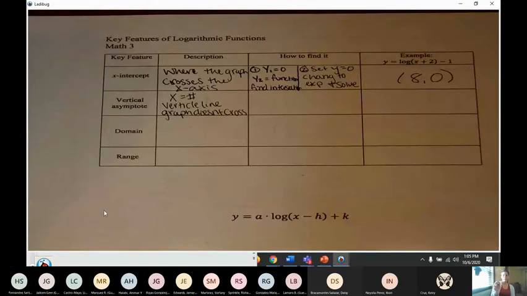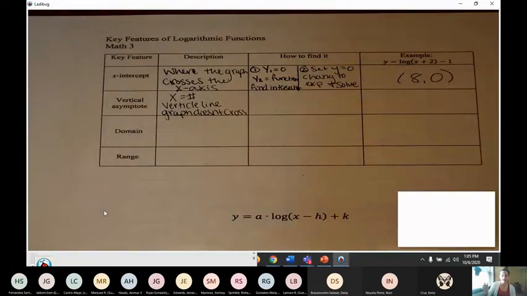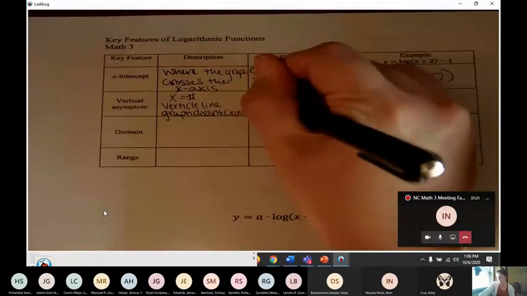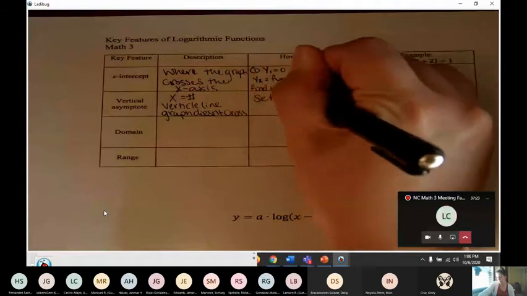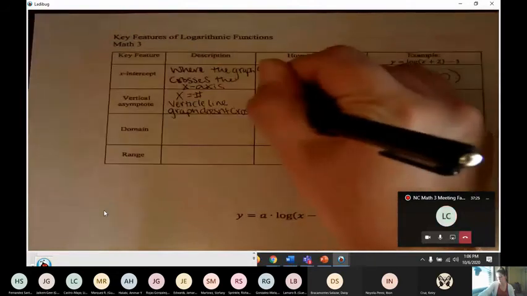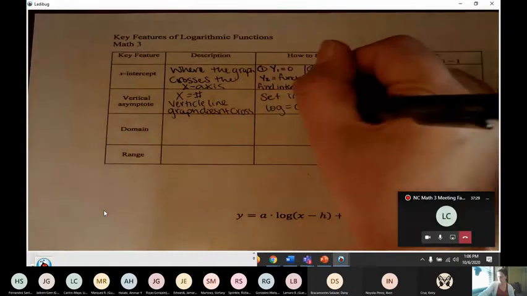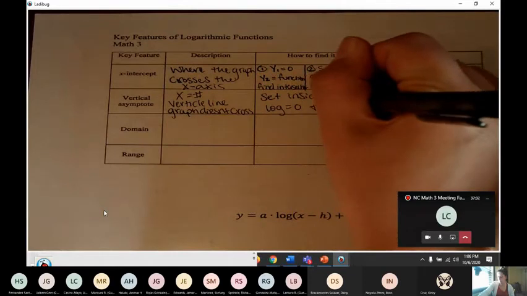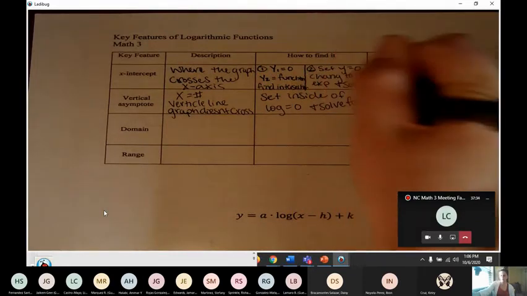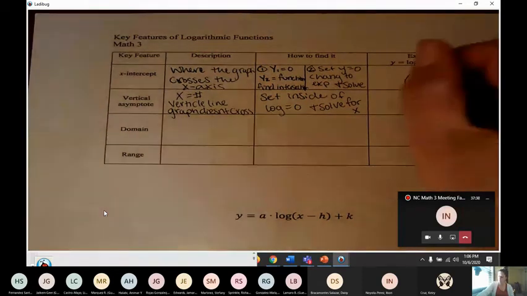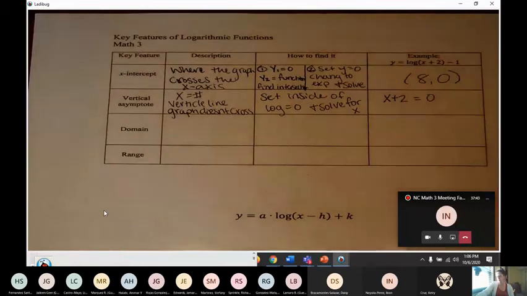To find it, we set the inside of the log equal to 0 and solve for x. So here, we would take the inside of the logarithm, x plus 2, and set it equal to 0.